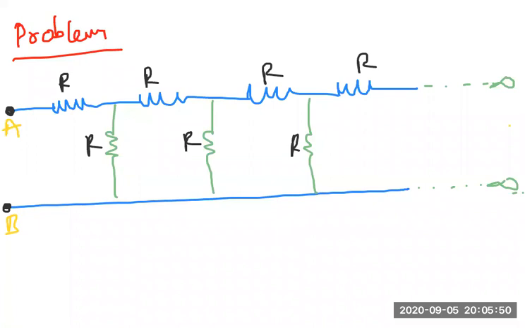What I did here, please concentrate. This is one term, that is R and R, one combination. This combination is repeating, like that it's going on repeating.